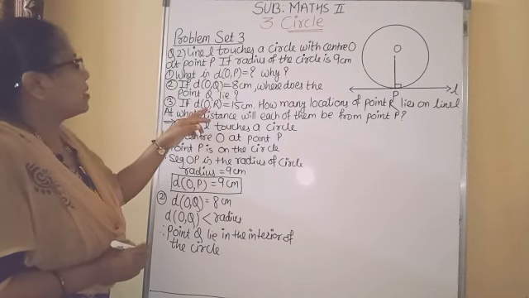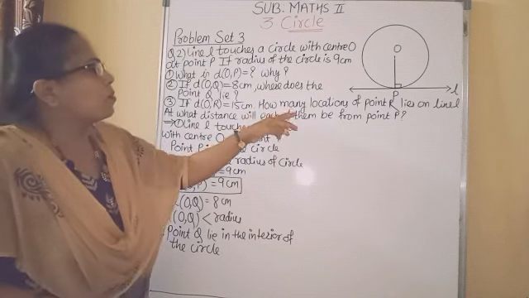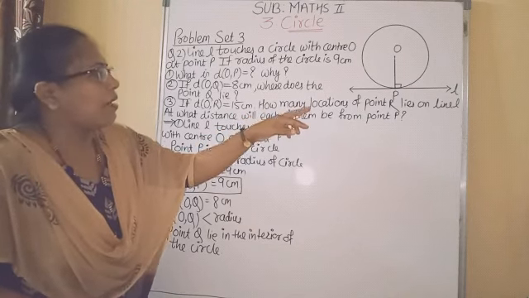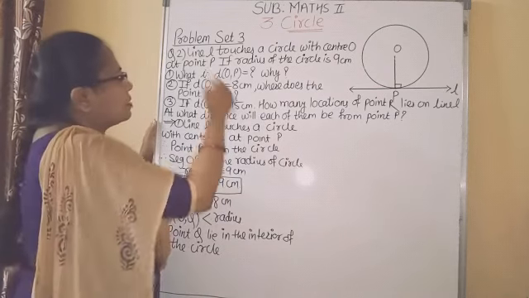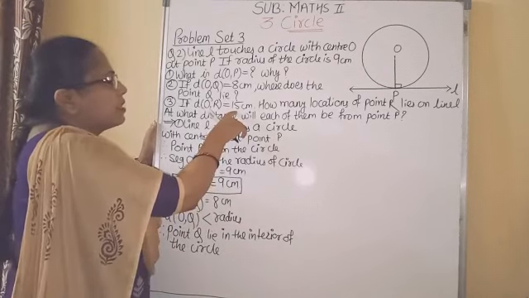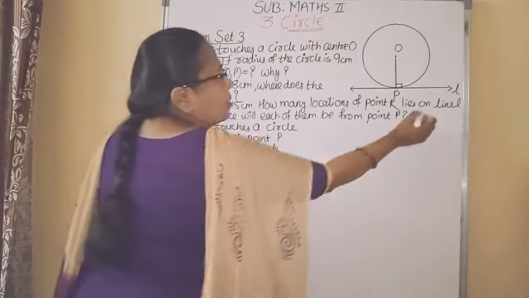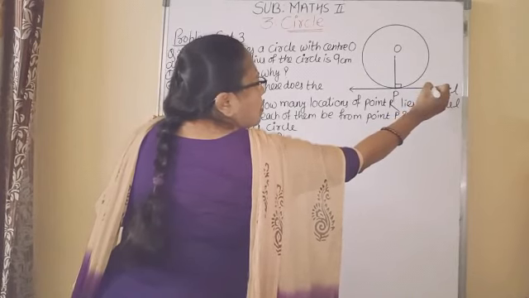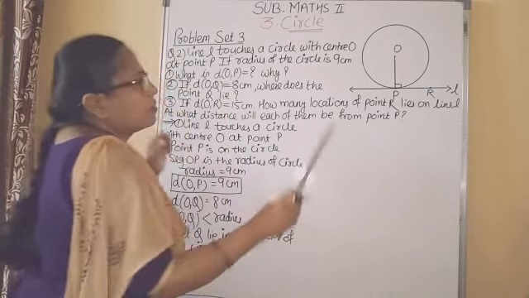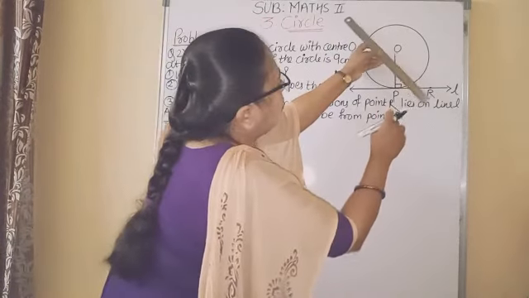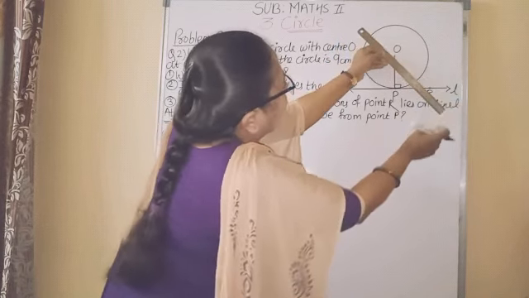If the distance between O and R is equal to 15 centimeters, how many locations of point R lie on line L? Point R is, distance OR is 15 centimeters, and here it is surely given that it is on line L. So let us take point R here and we will draw segment OR.